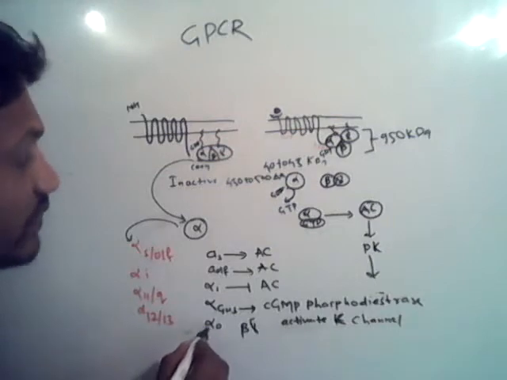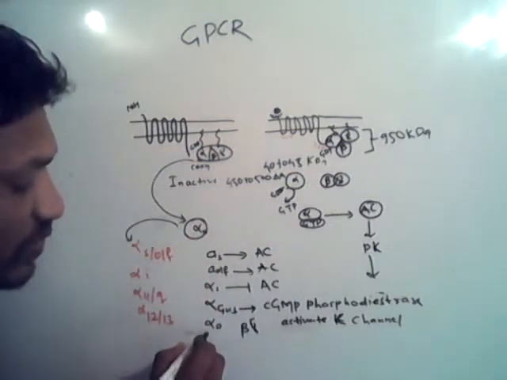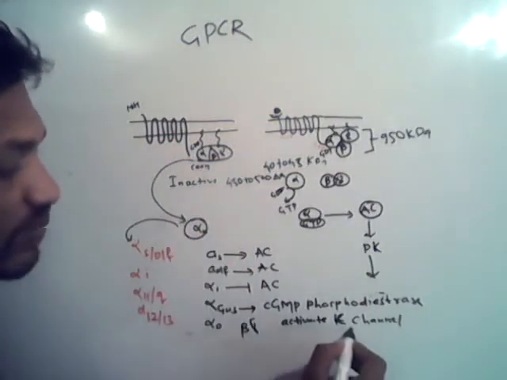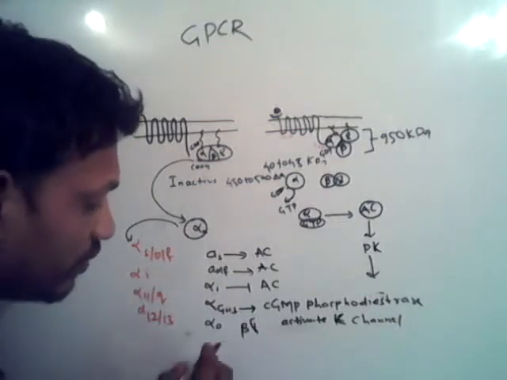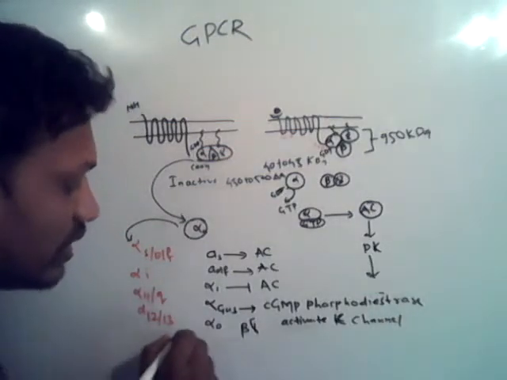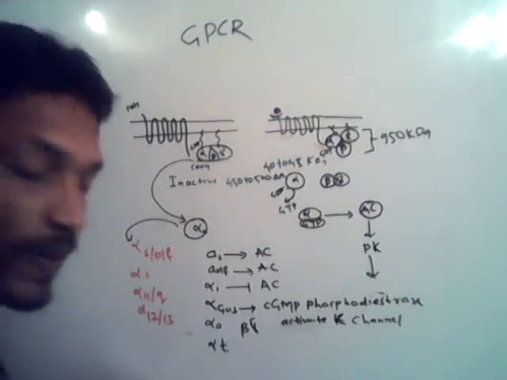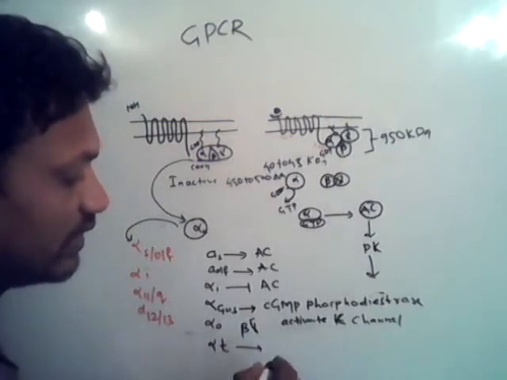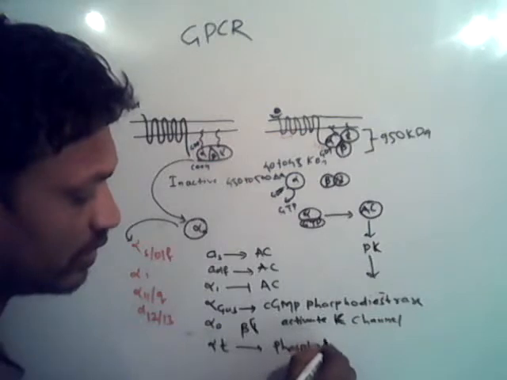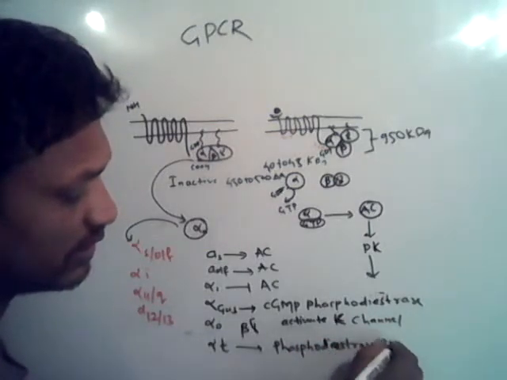In this case, if the alpha subunit is G alpha o, then the beta subunit and gamma subunit activate potassium channel. Now what happens if this is transducin, it activates phosphodiesterase enzyme.